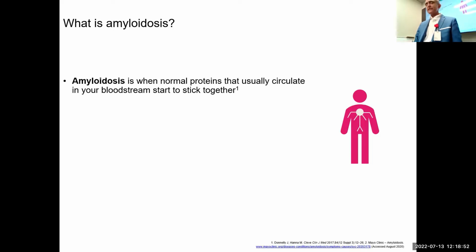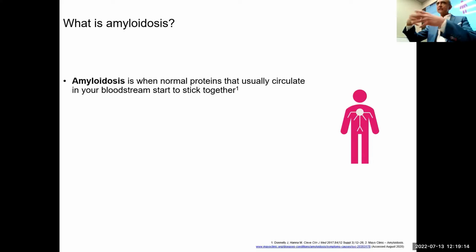So amyloidosis is a condition where normal proteins that are made in the body that are circulating, usually in tetramers, change shape due to some sort of a mutation, either a genetic mutation in the production of that protein, or some sort of a dysmorphism that causes them to clump together.